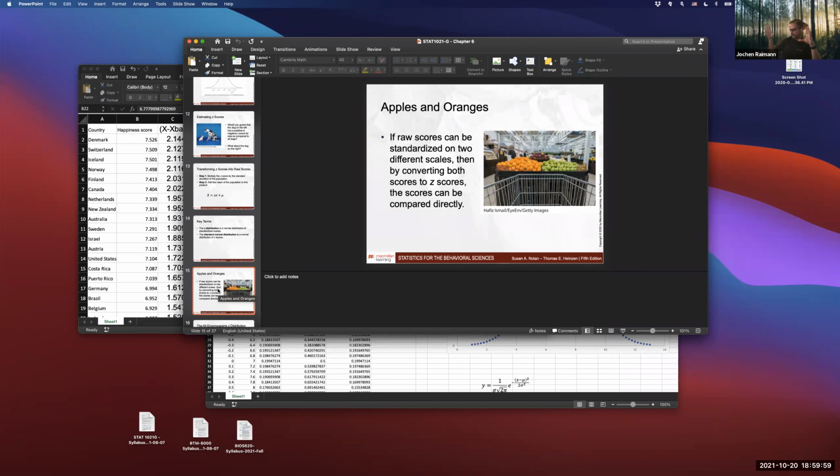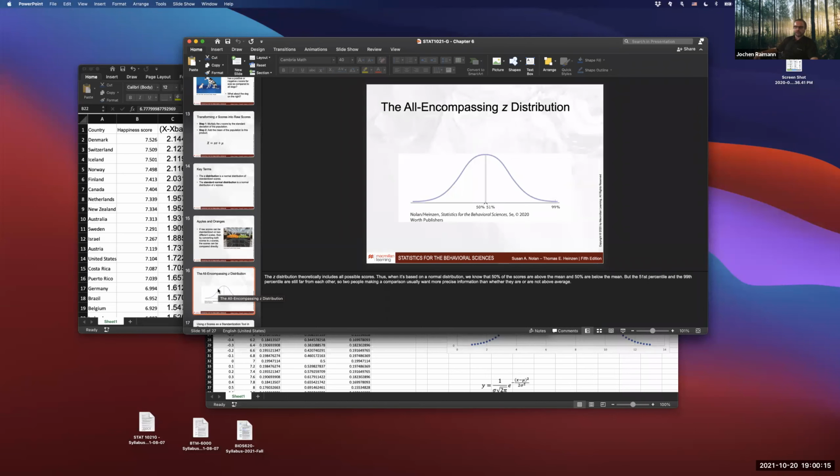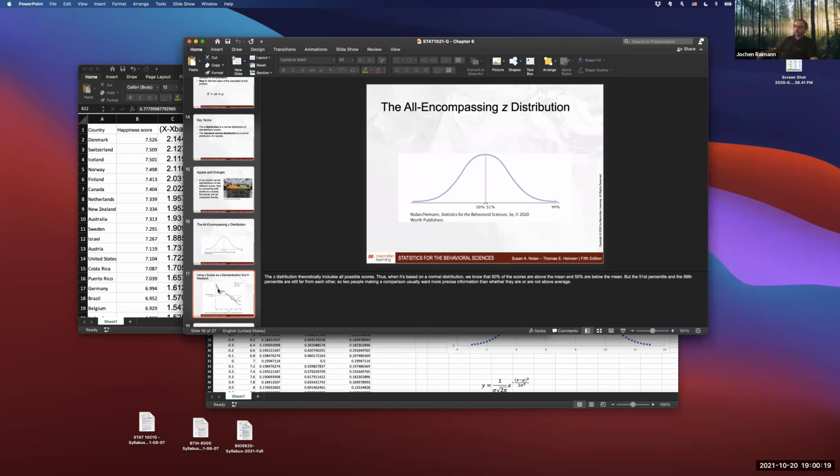They have to have the same distribution, but you can standardize them to Z scores and they will get a Z score that is comparable, and you can compare them directly. So that's the beauty of it. So, any questions on standardization, Z scores?